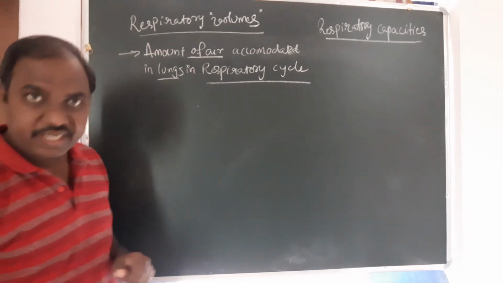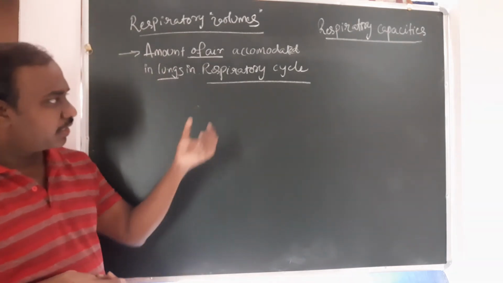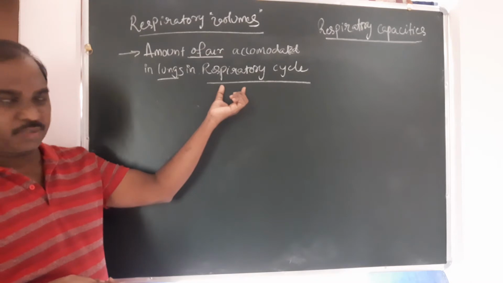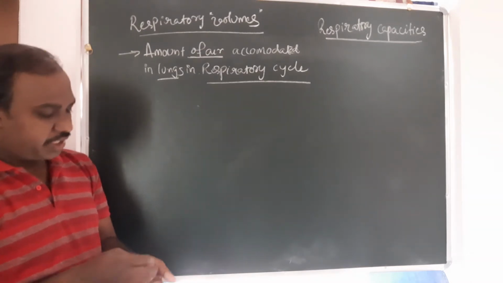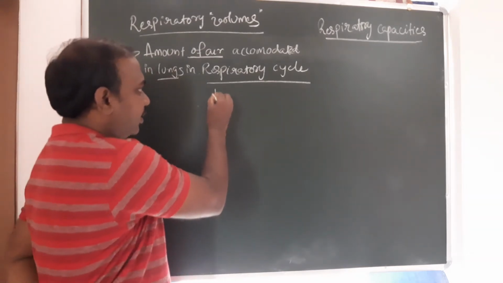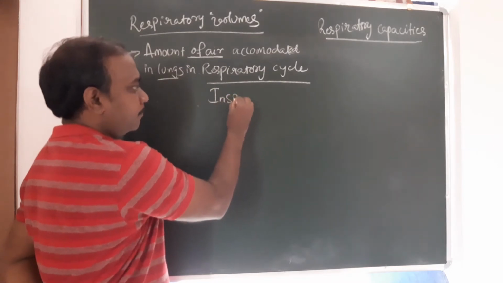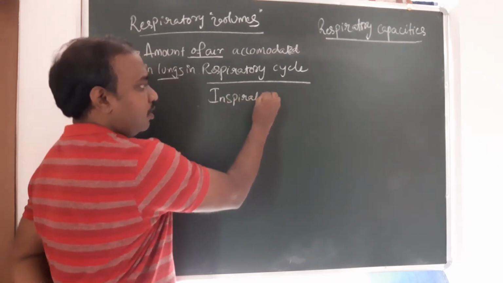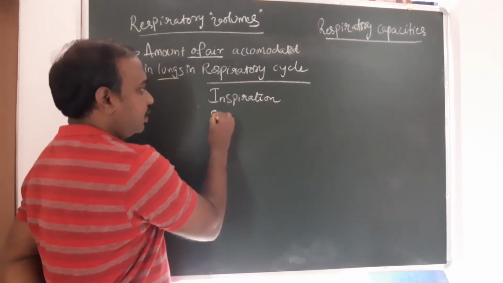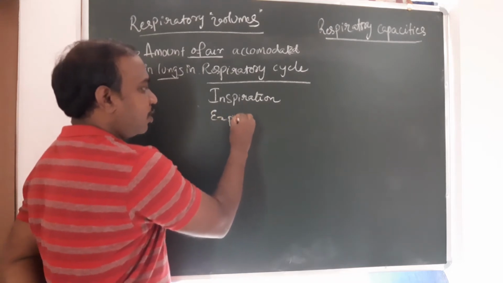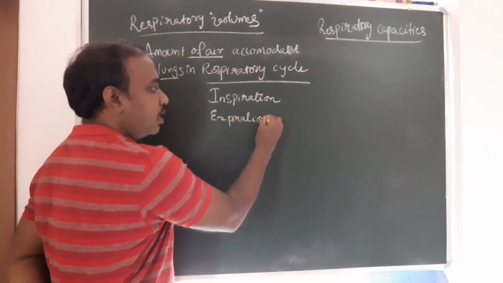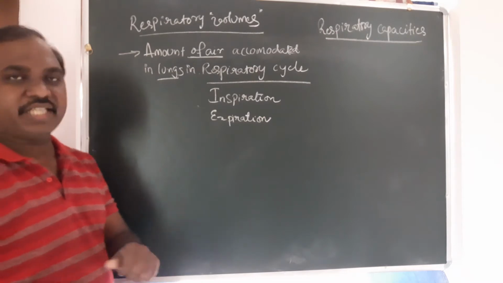What are the events that are included in the respiratory cycle? You see, you have the inspiration, and then we have the expiration. These are the important events that are happening in the respiratory cycle, isn't it?